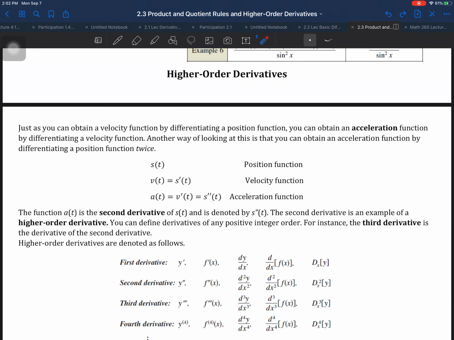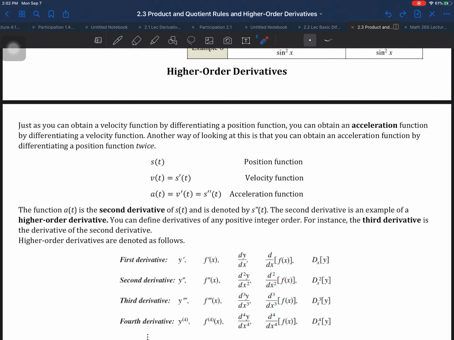Moving on to the next part, we're going to talk about the connection between position, velocity, and acceleration. We talked about the relation between position and velocity last time. We said that the derivative of a position function is velocity, because the derivative of position is the rate of change of position, and the rate of change of position is the description of velocity.